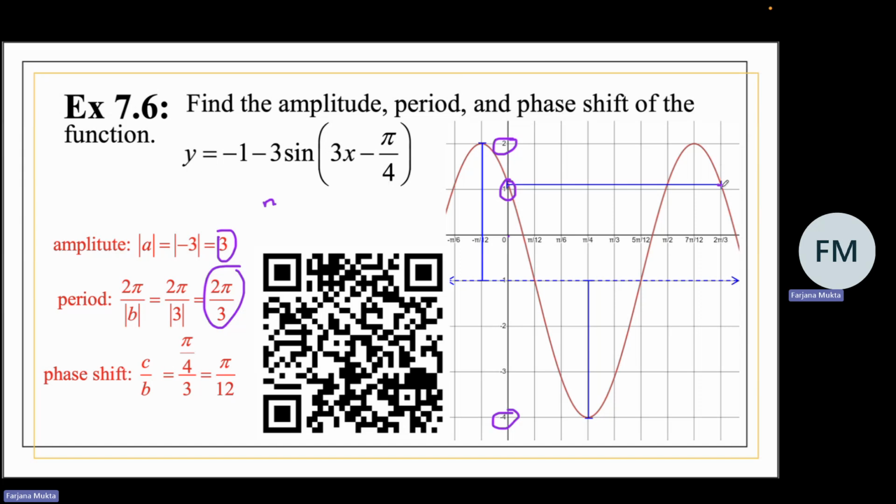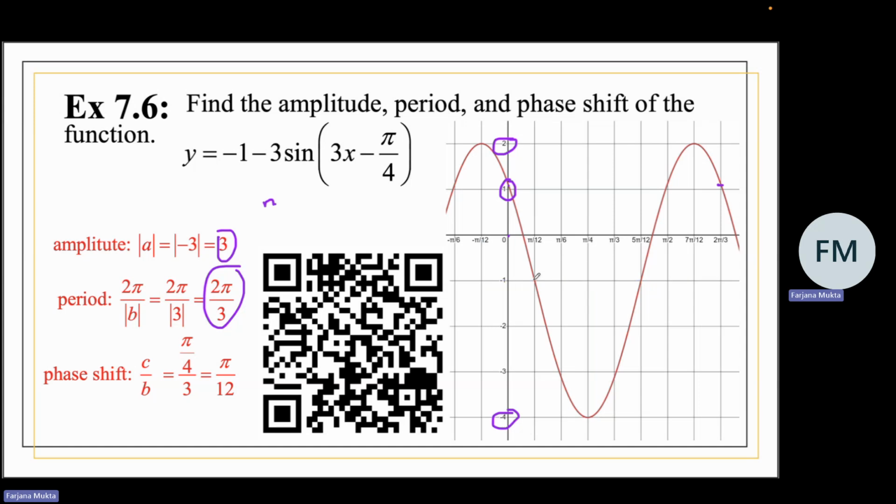Okay, next, the phase shift. The phase shift, as we check, is where the origin starting point is moving. Notice that our original graph for sine x starts from 0, so sine 0 is 0. But now it's moving.